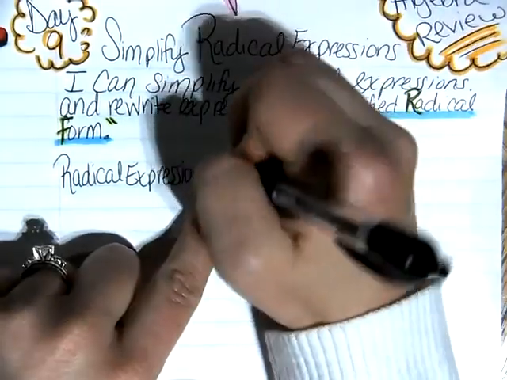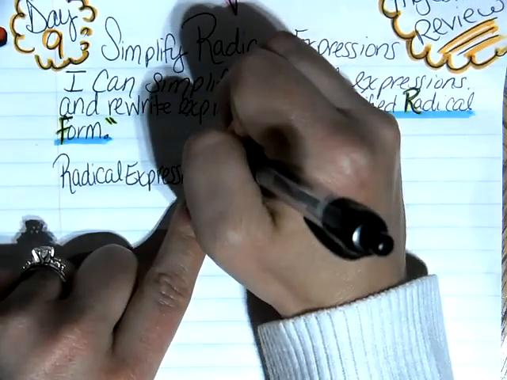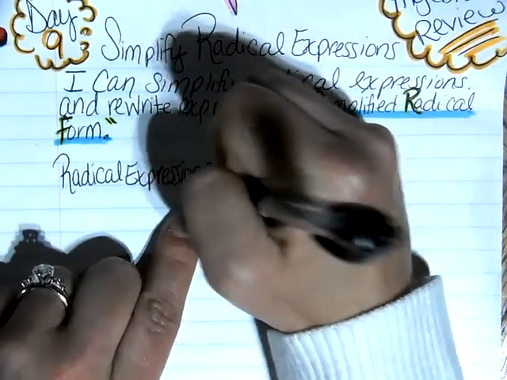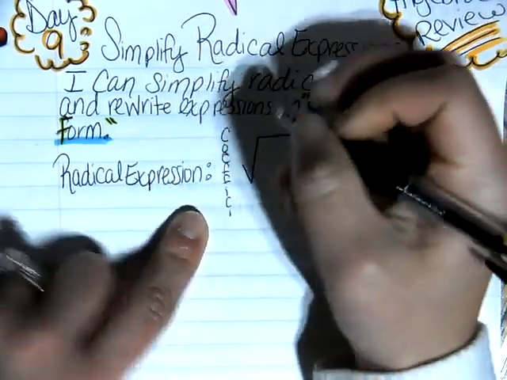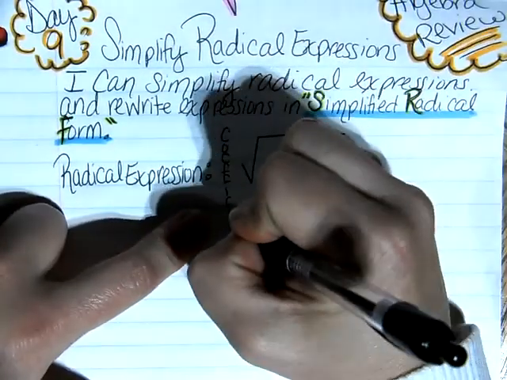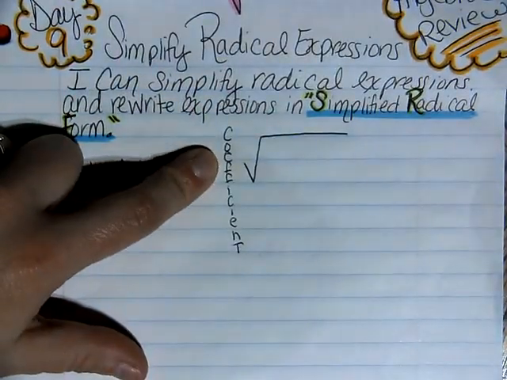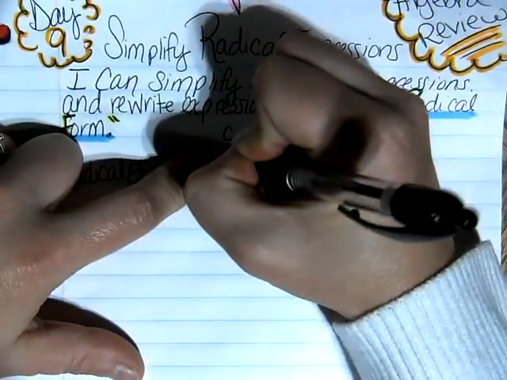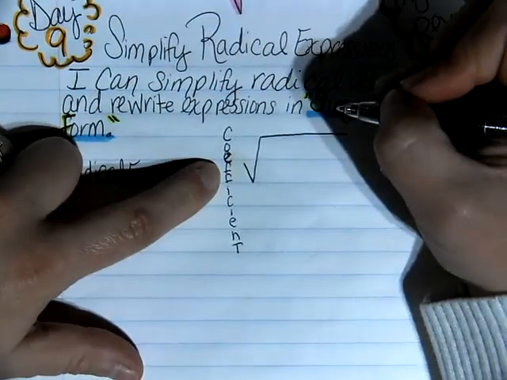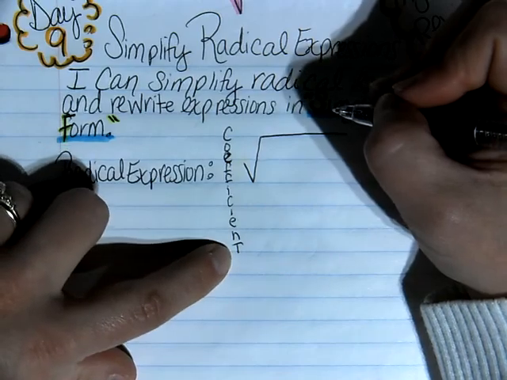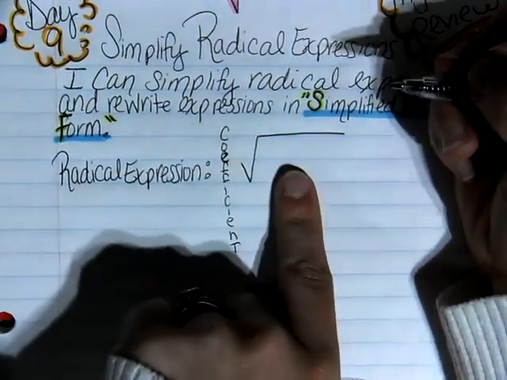The number on the outside is known as the coefficient. C-O-E-F-F-I-C-I-E-N-T, the coefficient of our expression.